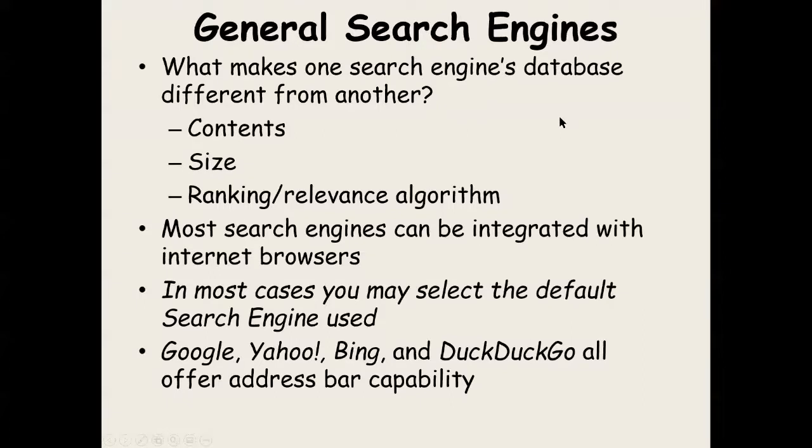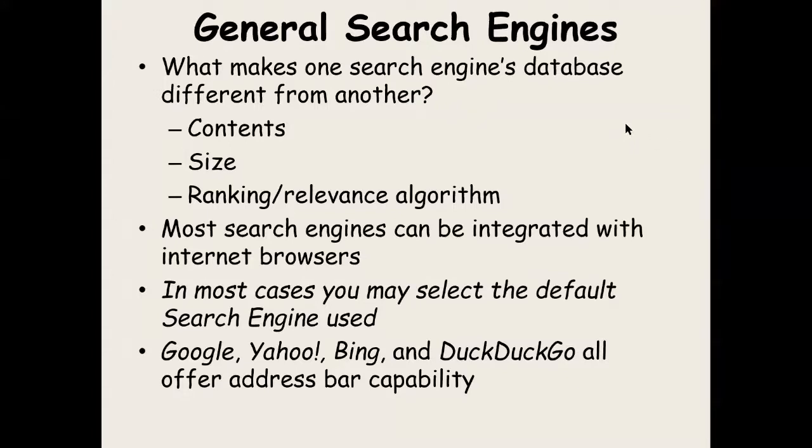General search engines. What's a search engine for? Well, the idea is that the various search engines over the years, as long as we've had the internet, have been used to try to find things. Various companies have done this, but the intent is they go out and try to find everything that's on the internet and collect that together, and using various algorithms, make it available for searching by other people.